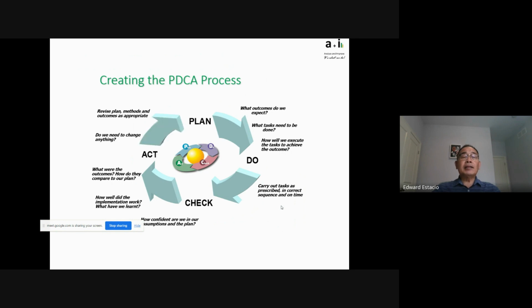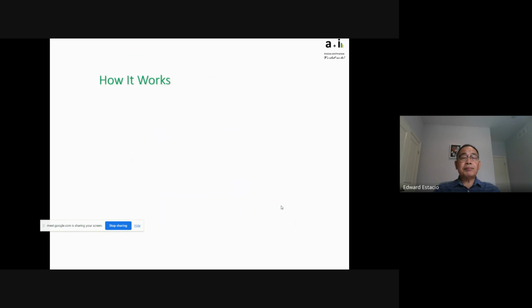If not, then we act on it. We revise the plan if we're not meeting those, or maybe even change the whole thing. But most importantly, after checking, we act on it if we're not meeting the targets. If so, then we move on and do the PDCA cycle all over again.